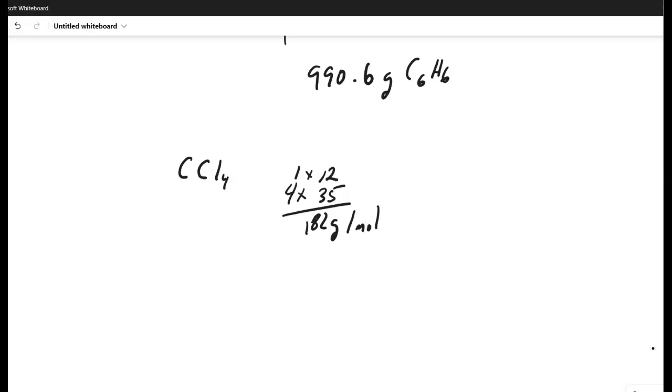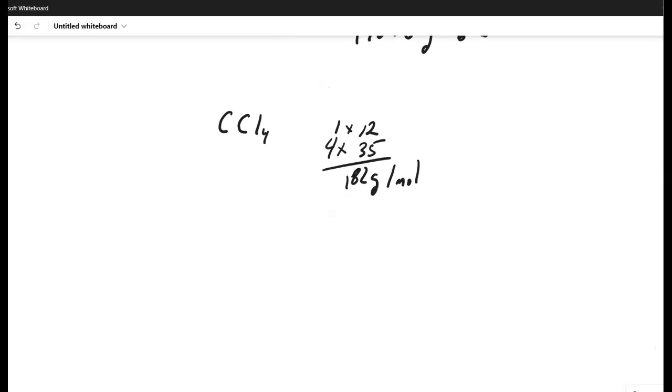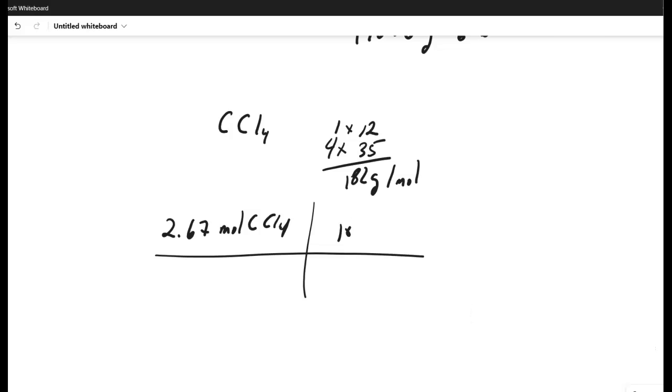And so the question asks us, I'm looking at the sheet here, I've got 2.67 moles of CCl4 times 182 grams per every 1 mole of CCl4. And that's probably close to about 420 grams. Let me see here.